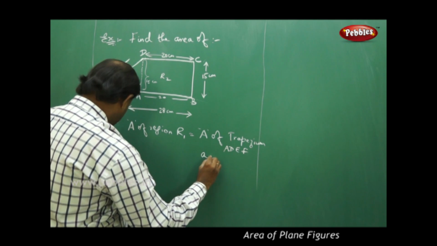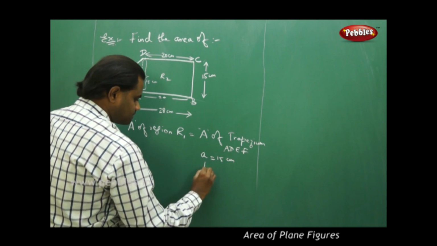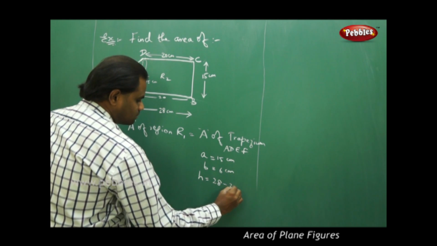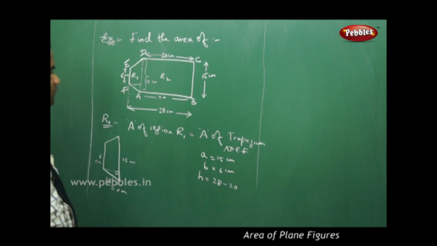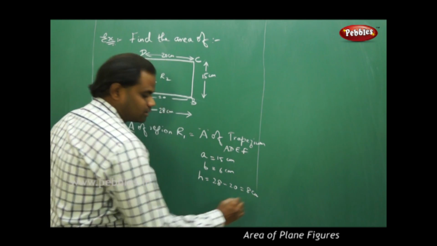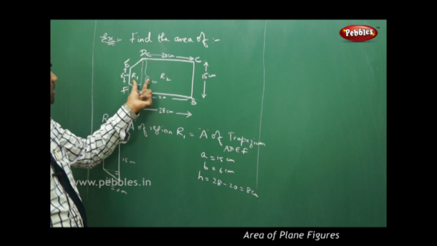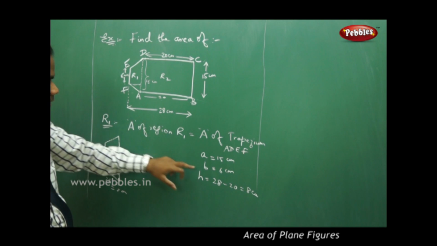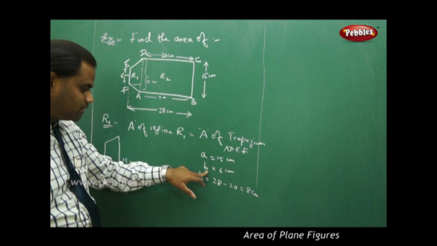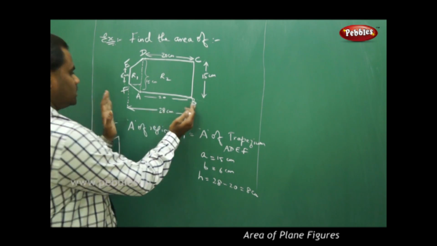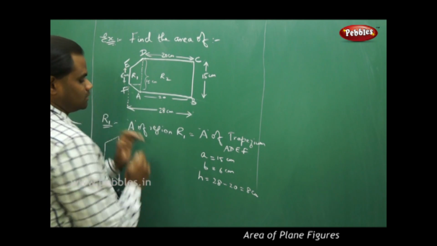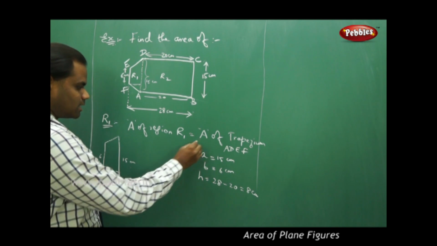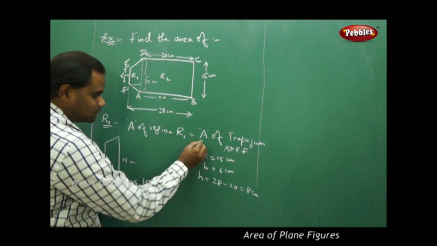The parallel sides are identified as A is 15 centimeters and B is 6 centimeters, and my height H is 28 minus 20, which gives me 8 centimeters. So once we know all these dimensions, the area of region R1 would be the area of trapezium ADEF.